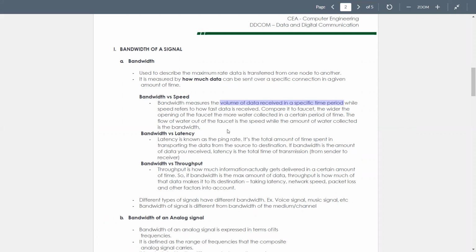For example, in 1 minute, this transmission mode transmits 1 gig. In the same minute, this other transmission mode, in 30 seconds, transferred 1 gig also.